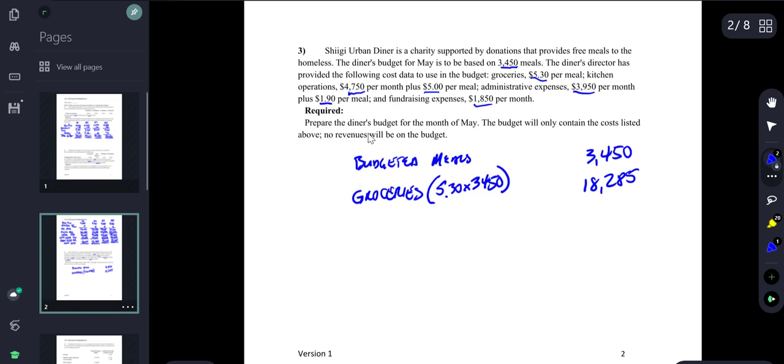Then we're going to have kitchen operations, and that's going to be $4,750 plus $5 times 3,450.